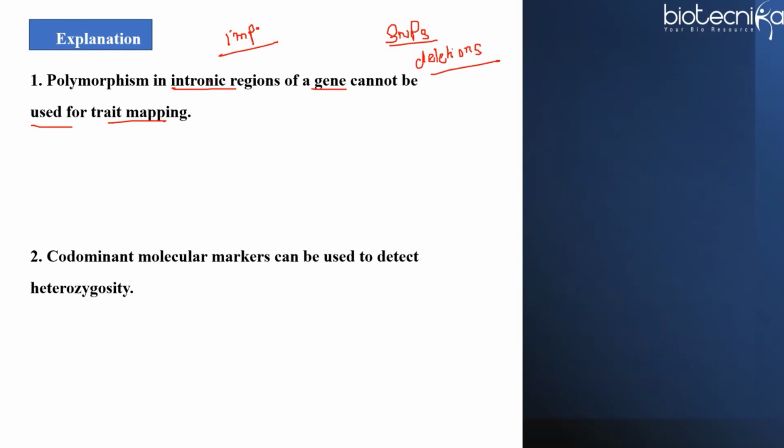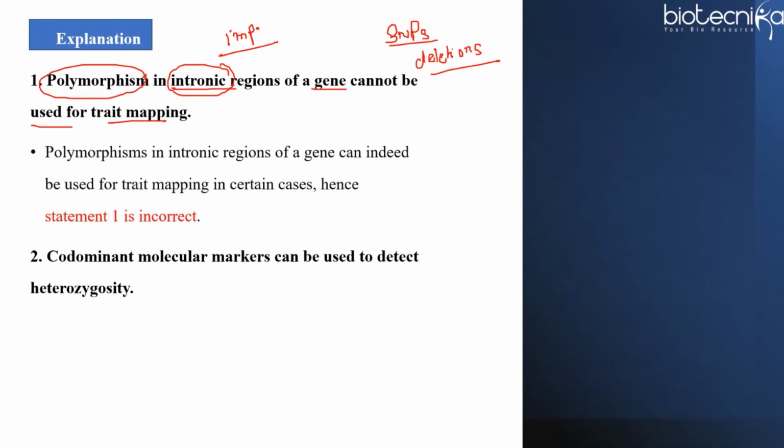So the question arises why one needs to study the intronic region. As I told you, many variations can occur in this region. By comparing the presence or absence of specific intronic polymorphism with expression of a particular trait, researchers can conduct association studies. So the statement that polymorphism in intronic regions of a gene cannot be used for trait mapping is incorrect.